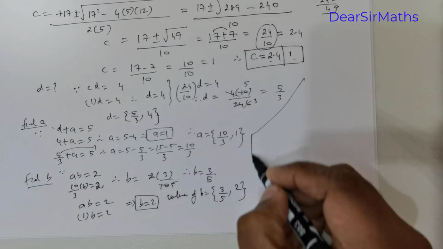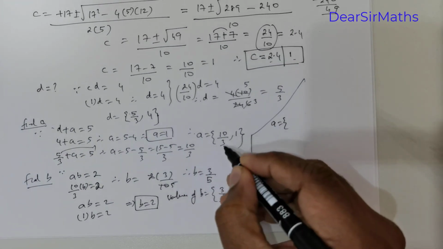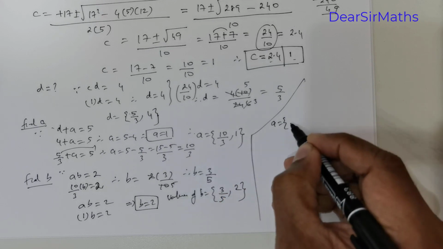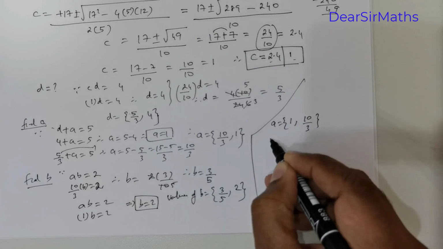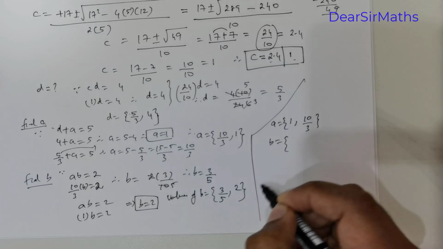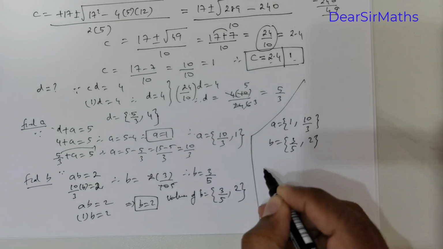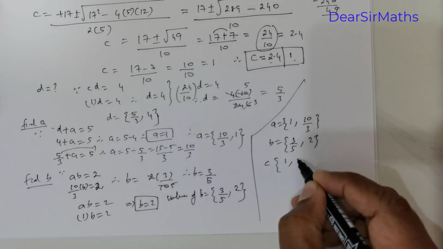So just to sum up, the values for A are 10 over 3 comma 1, you can either write it like this or you can write it like this, 1 comma 10 over 3. The values for B are going to be 3 over 5 comma 2. The values for C, 1 comma 24 over 10.